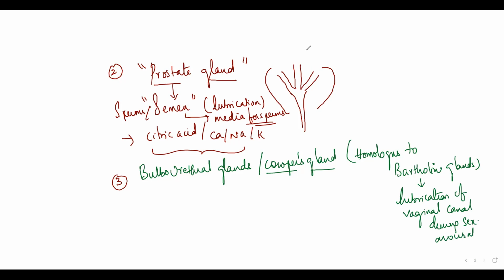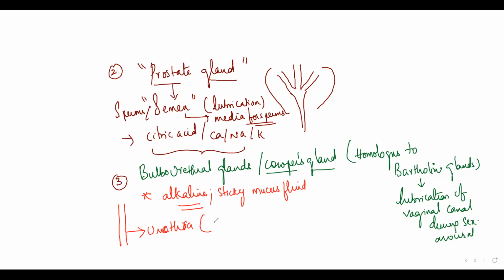Now, speaking about these glands, what they do is they secrete an alkaline, sticky, mucus-like fluid. And the most important thing here is this particular alkalinity. If you remember the urethra, which is called the urinogenital tract, the urethra is the common passage for the urine as well as the sperms.